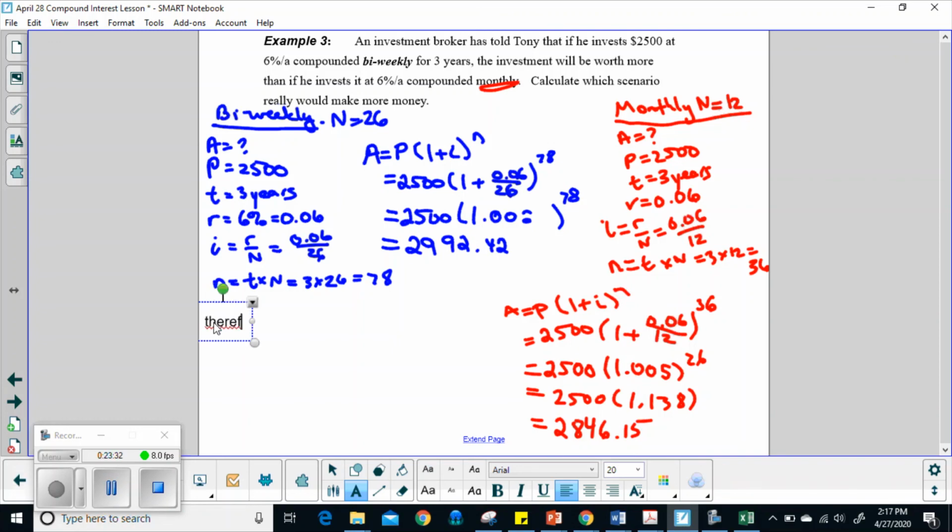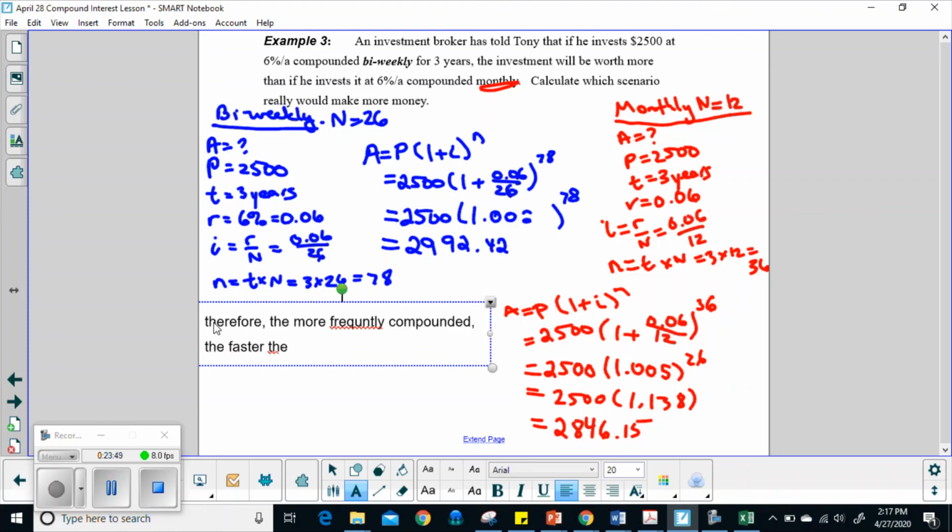Therefore, the more frequently we compound, the faster the money will grow. So there we go.